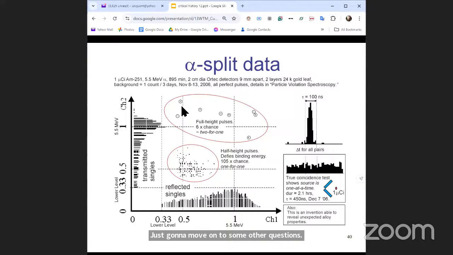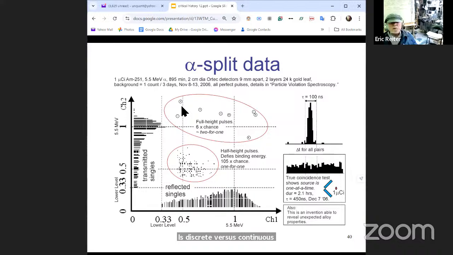Eric, somebody asked, are all differences discrete versus continuous? Discrete versus continuous. There's a continuous property that we're acknowledging.